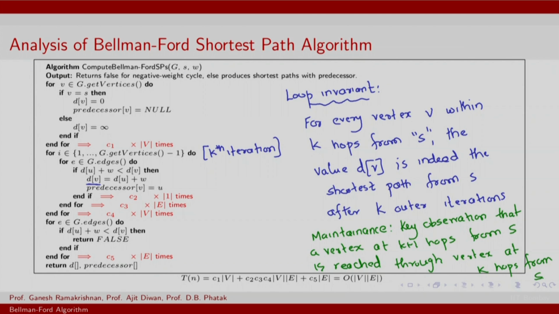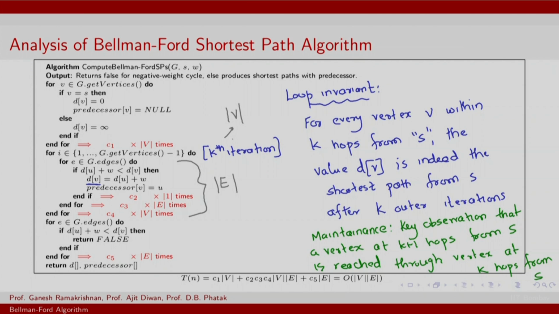What about time complexity? Well, the runtime complexity is again straightforward. As we had anticipated, we are going to iterate over all the edges for a fixed outer iteration, and the number of outer iterations is basically the number of vertices.